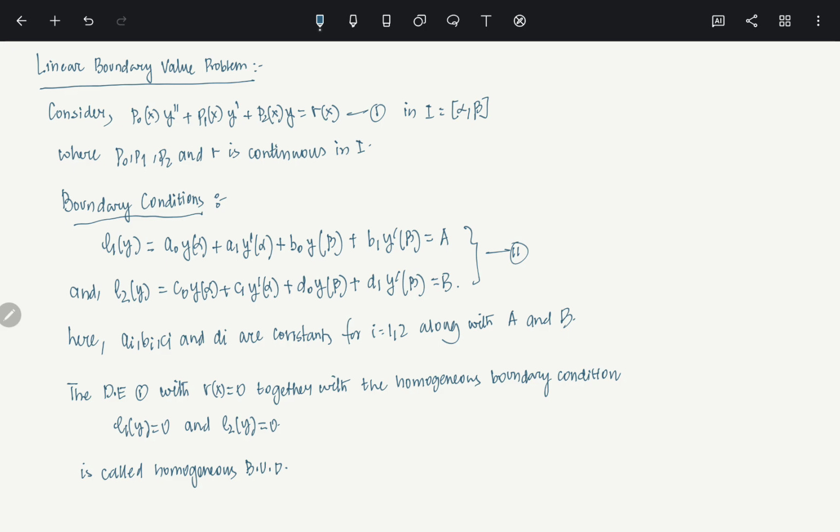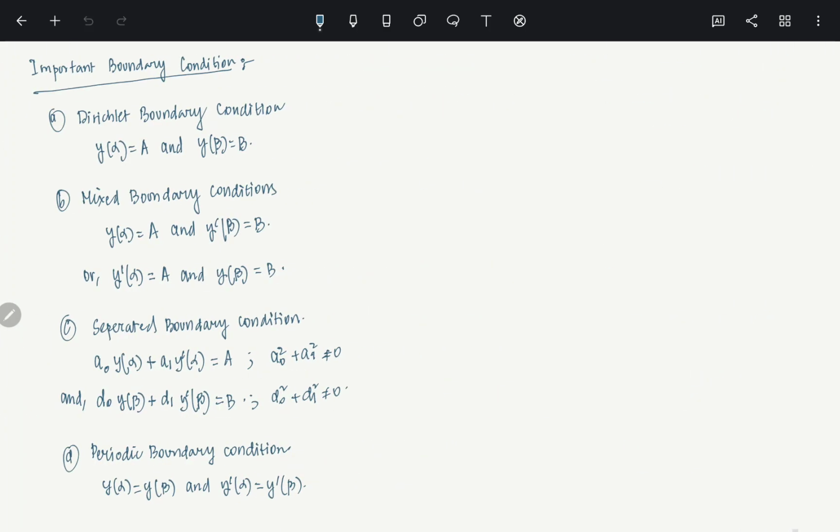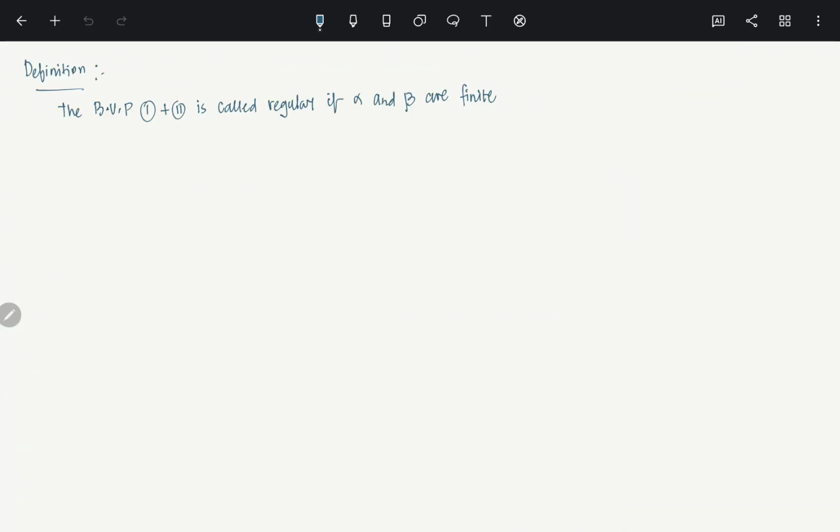So we are assuming that p naught of x is positive for the regular case. So p naught of x is non-zero, it can be positive or negative, but generally we'll assume it to be positive, for all x in I. Clear?